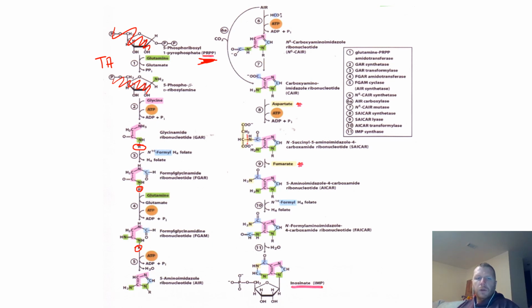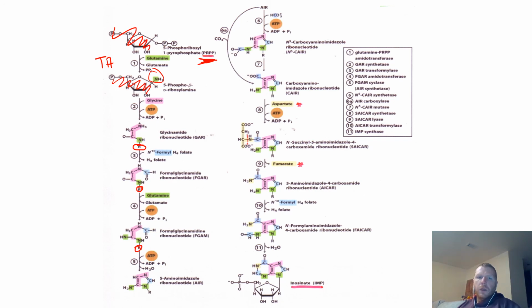So what we're going to do is take a glycine molecule and an ATP, and basically use the C terminus of our glycine residue in order to make a bond with our nitrogen on our 5-phospho-beta-D-ribosylamine, and we're going to put that glycine on there, okay?